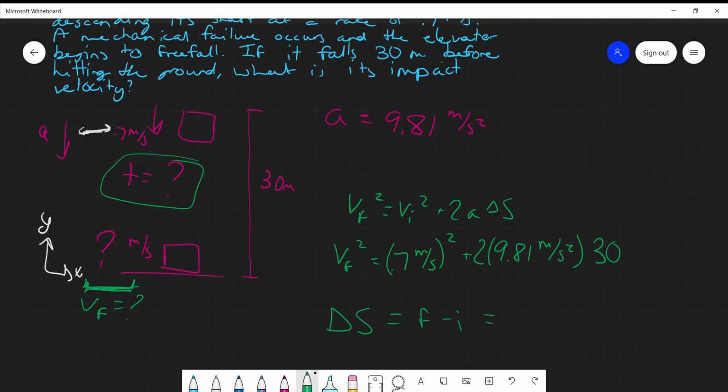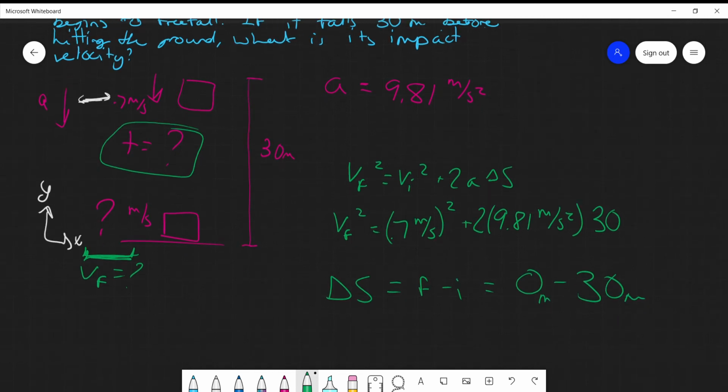Our final is 0 and our initial is 30 meters above the ground, which would have made this a negative 30, and this would be a negative 9.81. Either way, you'll get the same answer.